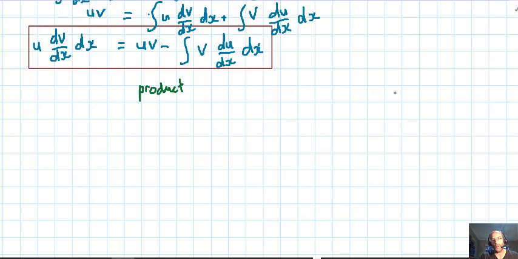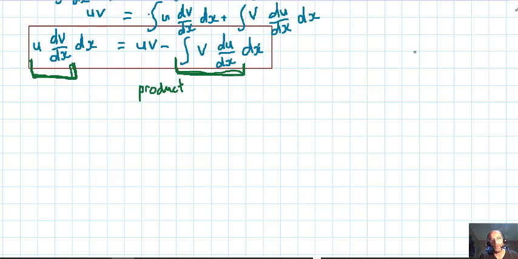So it's a case of where this part here is easier to integrate than this part here. So it assists you in the process of integration if this process is easier than this process, or if this process here is possible and this process here for you is impossible. It's a good strategy to use.